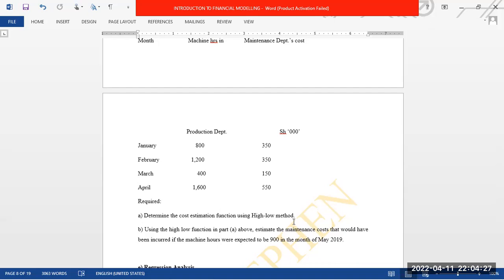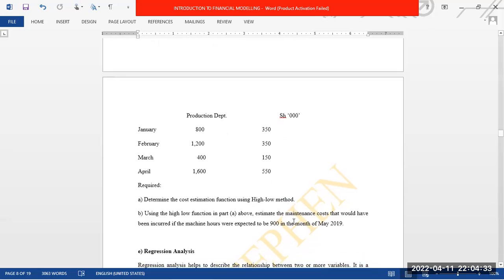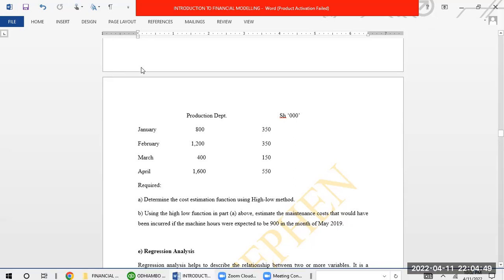Required: determine the cost function using the high-low method, and using the high-low cost function above, estimate the maintenance cost that would have been incurred if the machine hours were expected to be as above in May 2019.